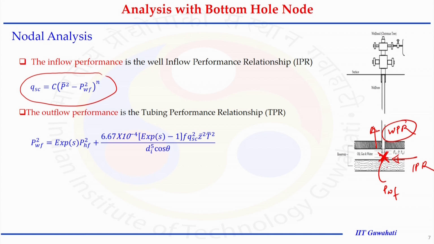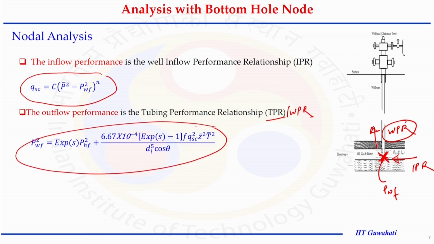Let us see, when we have this IPR curve for inflow and this TPR or WPR relationship for outflow, the common point between them is PWF, and we can substitute PWF from one equation into the other. Let us see what we can do.